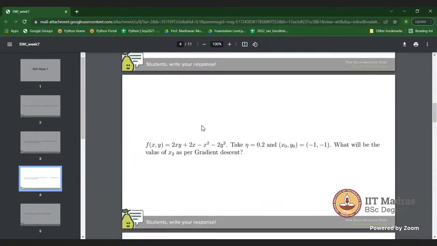Okay, here we have a similar problem, but with a different f of x comma y and different eta. They give x0, y0, and they're asking for the value of x2. They're not even asking for the value of f of x comma y, just the value of x2. Can you try this?